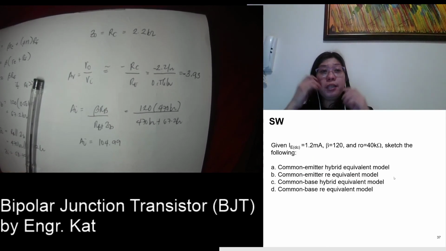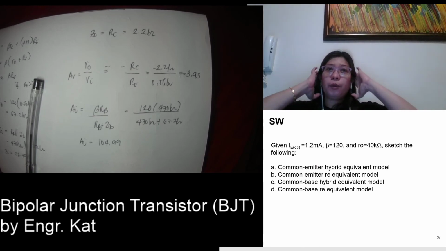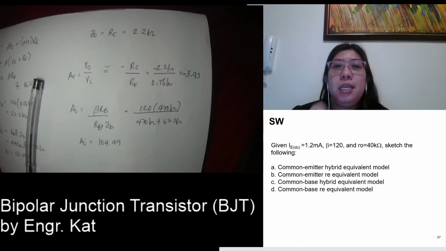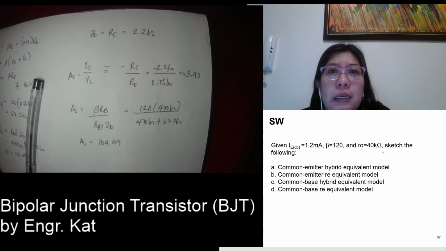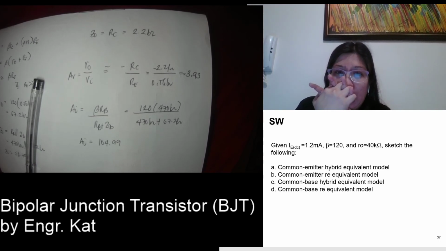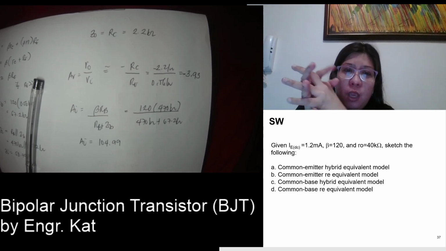So we have here a set work. So I will be giving you a set work. So in the school book, I will be placing a drop box so that you can submit the set work there at the Dropbox. Okay, so this set work is very easy. So you are just going to draw. So this is more of a drawing of the equivalent circuit.